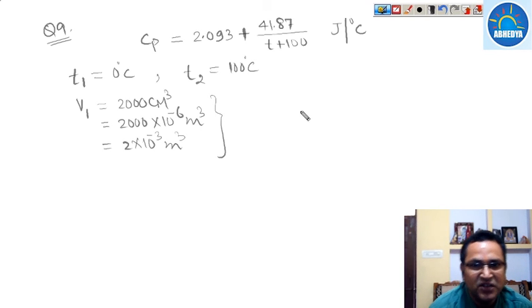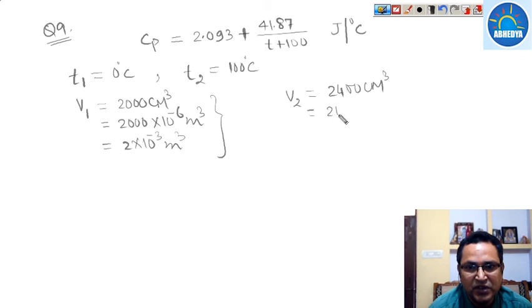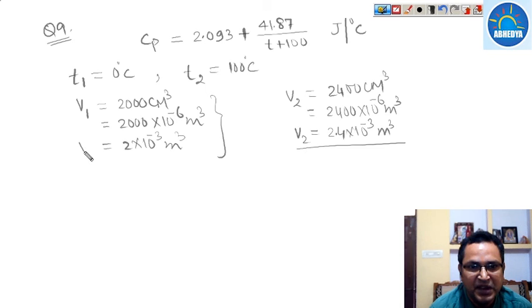This is the initial volume, and the final volume, let it be V2, is 2400 centimeter cube. This becomes 2400 multiplied by 10 raised to the power minus 6 meter cube, so it is 2.4 into 10 raised to the power minus 3 meter cube. So initial volume and final volume have been given, keeping the pressure constant.